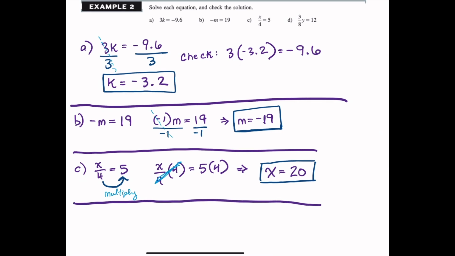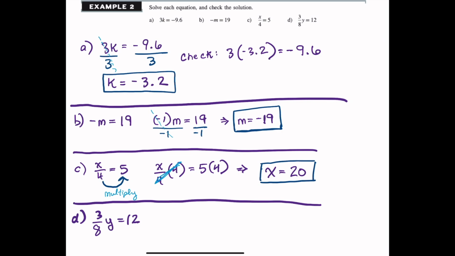All right, let's squeeze our last example in. So for D, we have 3 over 8 y equals 12. So in this case, notice they swapped our variables for x and y.